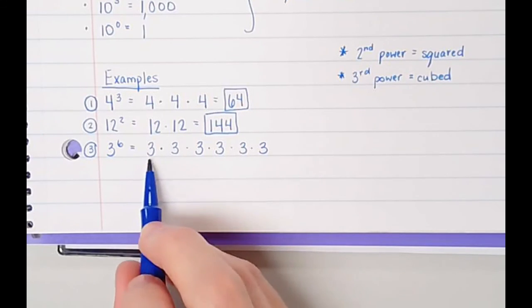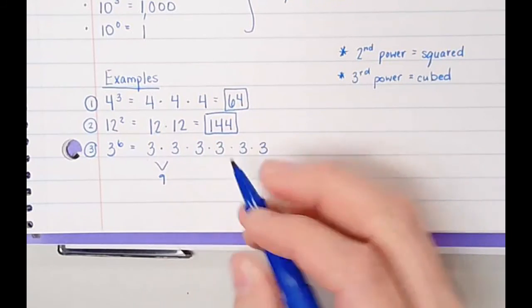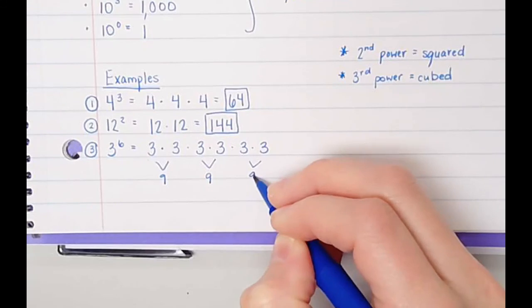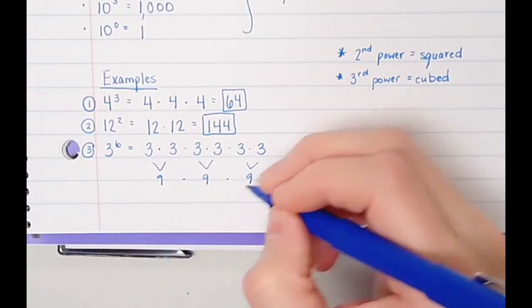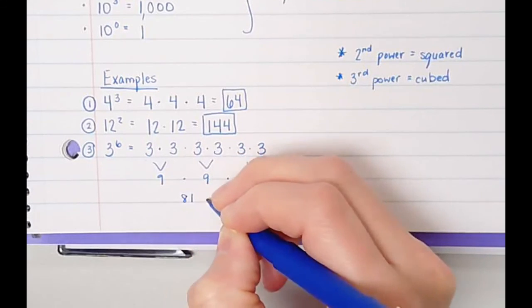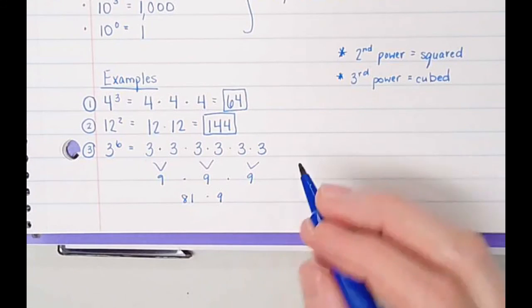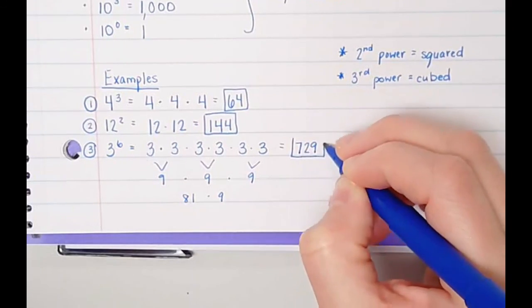You can do this if you want. 3 times 3 is 9. 3 times 3 is 9. And then you could just multiply these if you wanted to. 9 times 9 is 81. So then I'm doing 81 times 9, which is going to give me 729.